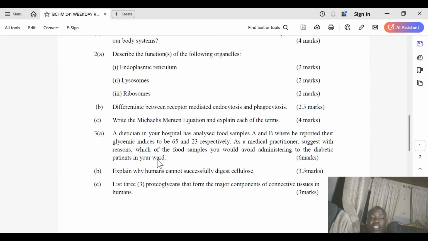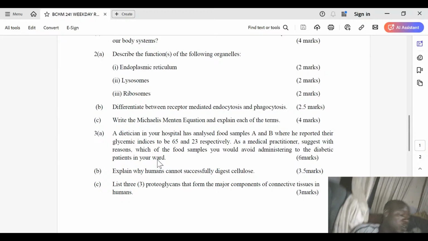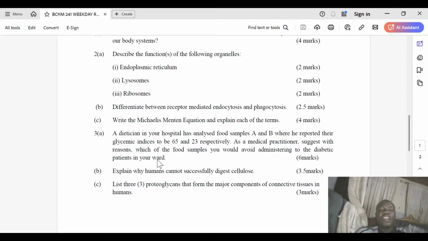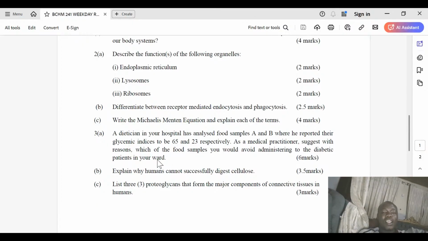As a medical practitioner, suggest with reasons which of the samples you will avoid administering to diabetic patients in your ward. So you see, what I wanted to say here, ladies and gentlemen, is that glycemic index is an index that tries to measure the effect of a food substance on raising the blood sugar. Therefore, the one that has the high glycemic index is more dangerous to a diabetic patient.